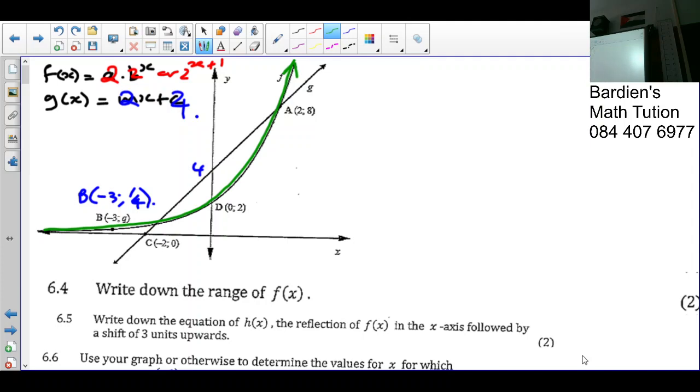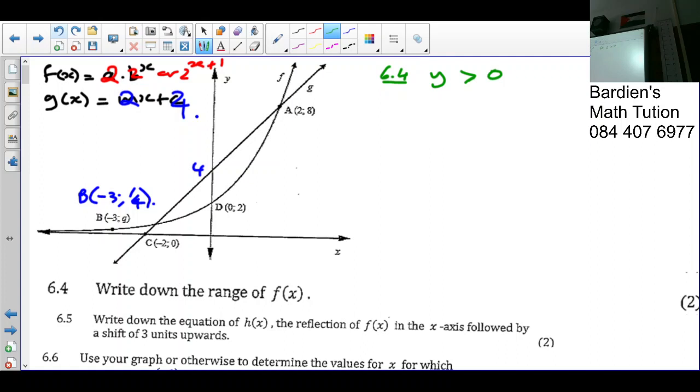No. Where does this graph start existing at? 0 onwards. Not so? From 0 onwards this graph is existing. Can you see? So what is my range? Y is greater than? Am I going to say greater than or equal to? Why not? Is that an asymptote? Not so? You never put an equal sign in an asymptote.